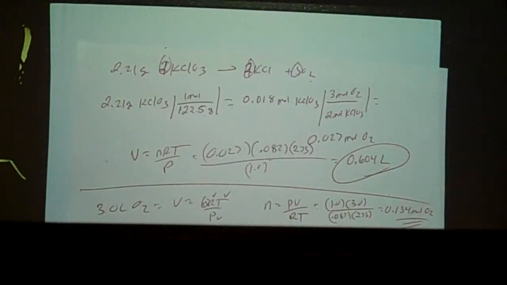So moles cancel out. So 0.134 times 2 times 122.5 divided by 3 times 1 is 3, and I'm imagining that's how you got your answer. That's what it is. 10.93 grams of KClO3. So 10.93 grams of KClO3 would produce exactly 3 liters of oxygen at standard temperature and pressure.